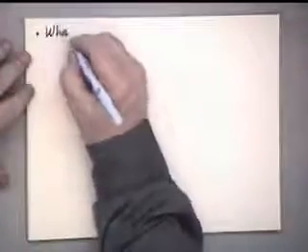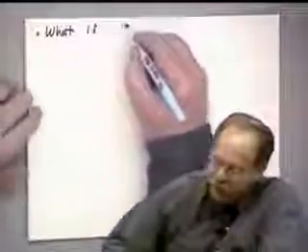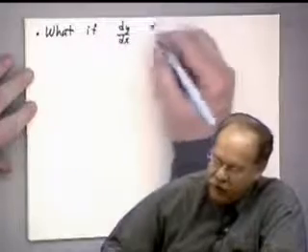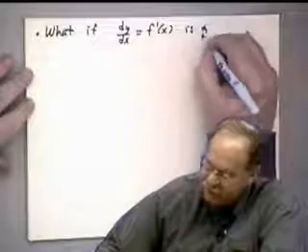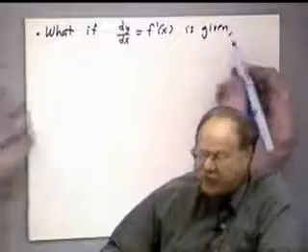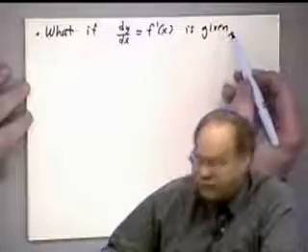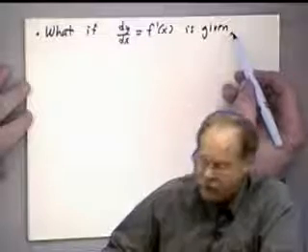Now, what about this situation? What if, just as we saw a moment ago, dy dx equals f prime of x is given. So we know the derivative, as we did in that previous problem, where the derivative was given to be x squared.